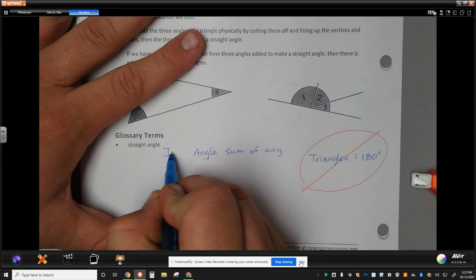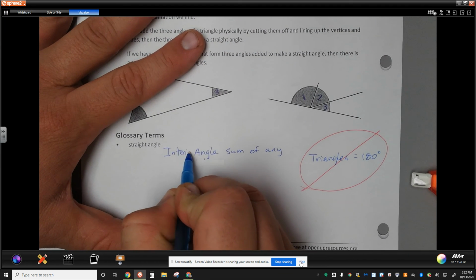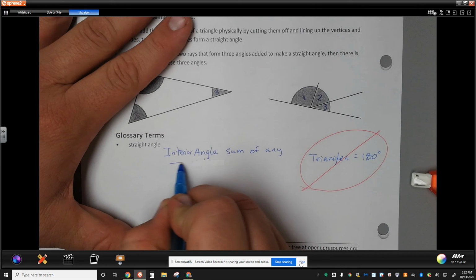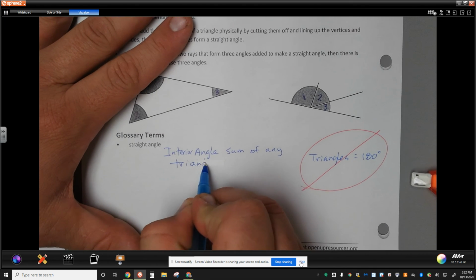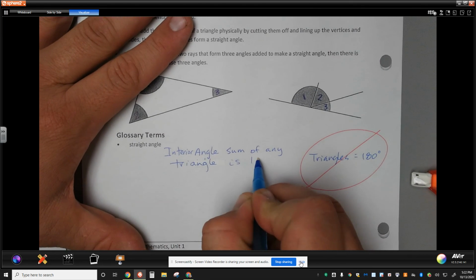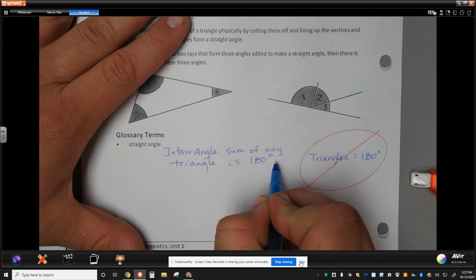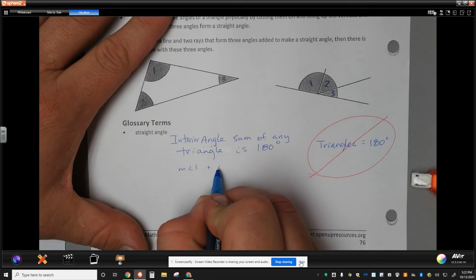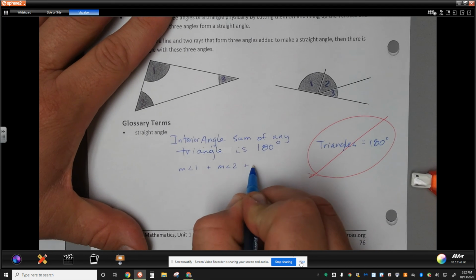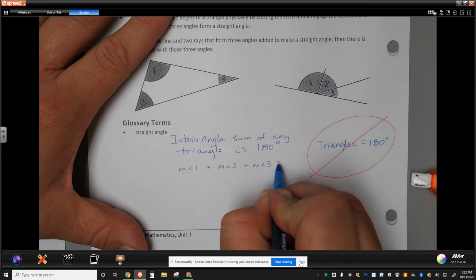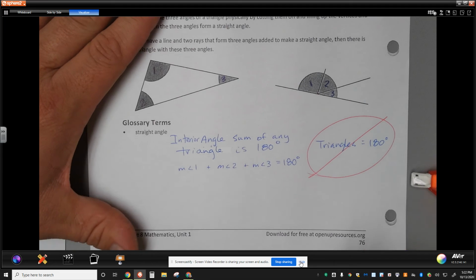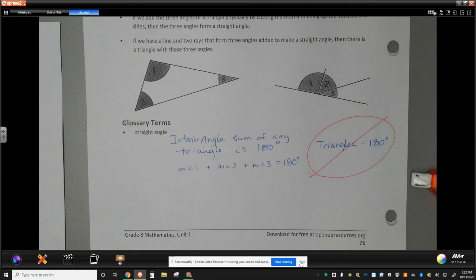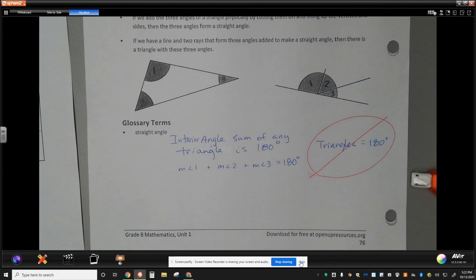The interior angle sum of any triangle is 180 degrees, meaning that the measure of angle 1 plus the measure of angle 2 plus the measure of angle 3 equals 180 degrees. There's the big idea of the lesson. All triangles are like this.